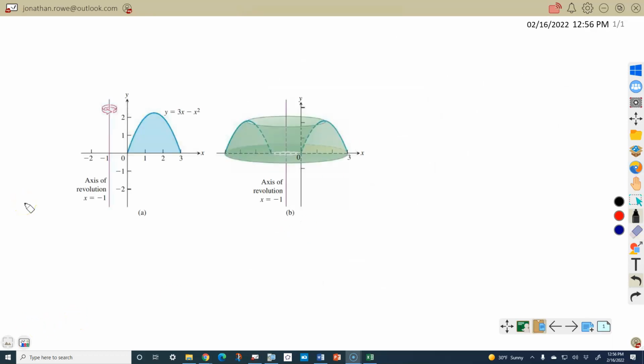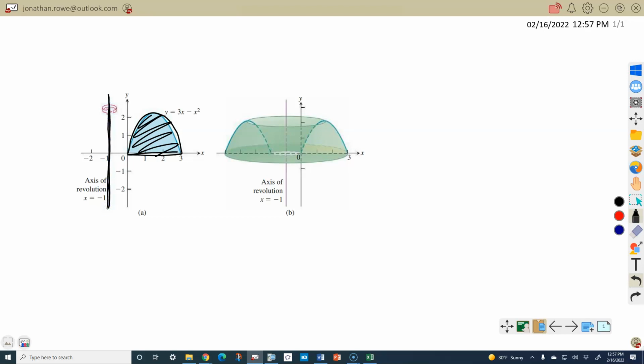here is an example of using this cylindrical shell method. We're going to take this region that is enclosed right here and rotate it. You could rotate it around whatever, but this particular example rotates it around the line x equals -1.